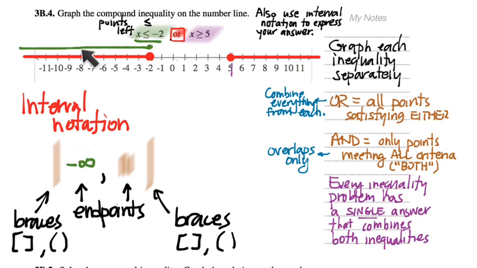How far to the right does this end up going? Well, this one's easy. You can read it off the number line, -2. The uppermost endpoint for this is -2. So now we figured out our endpoints. Now we just have to make the decision about what kinds of braces to use. Let's start with -2, the right endpoint. Do I want to use a square bracket or a round bracket?